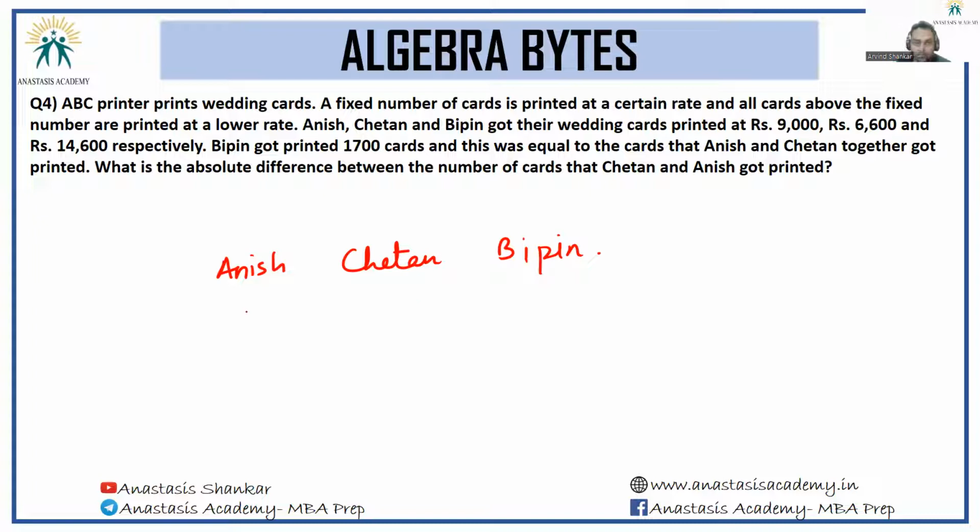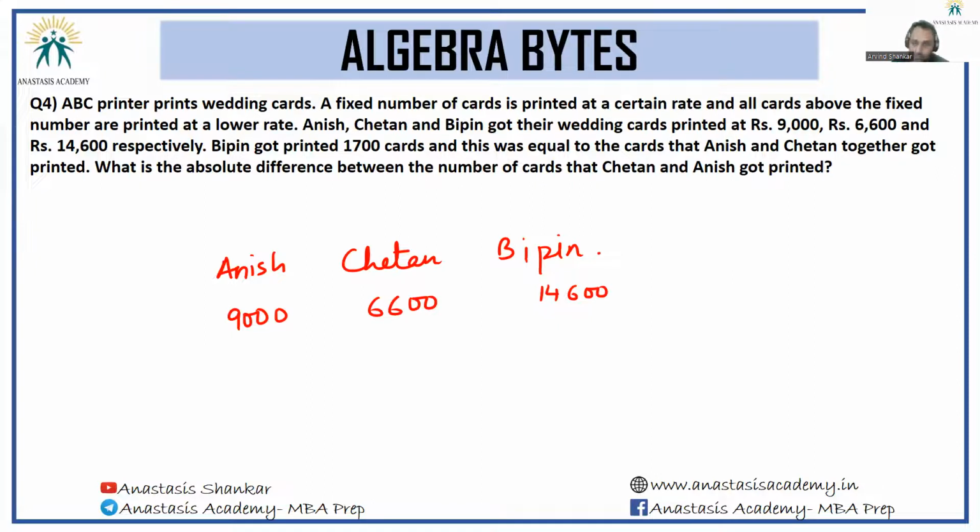Bipin got 1,700 cards, and this was equal to the cards that Anish and Chetan together got printed.